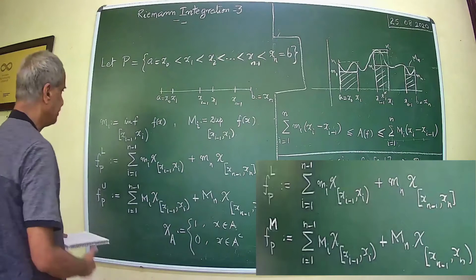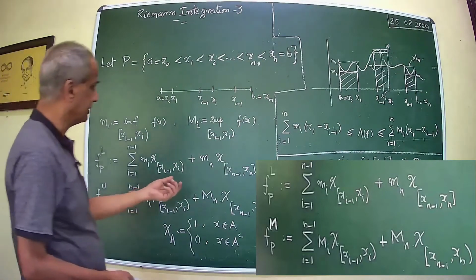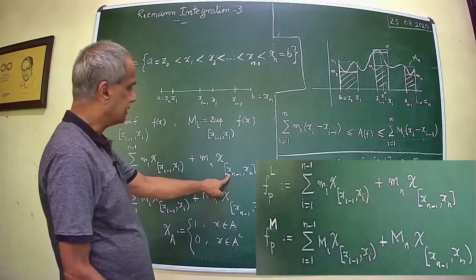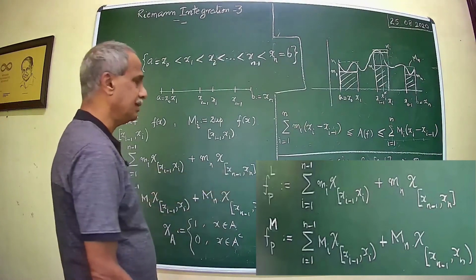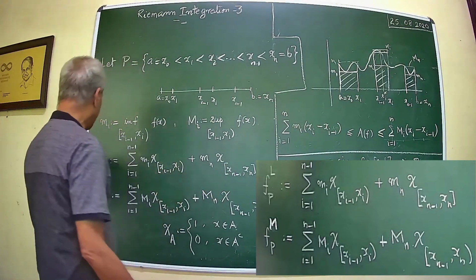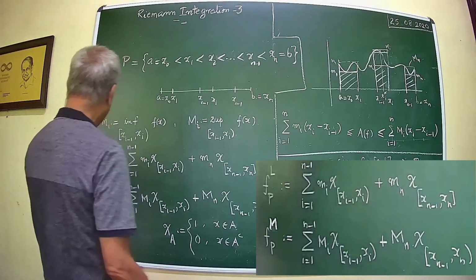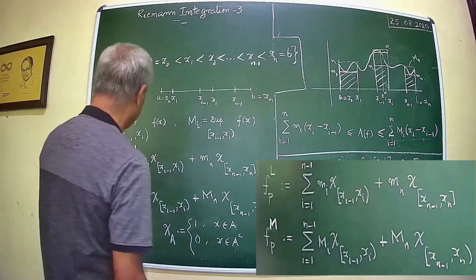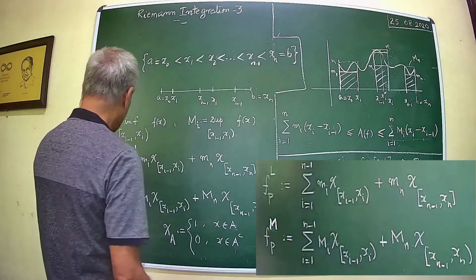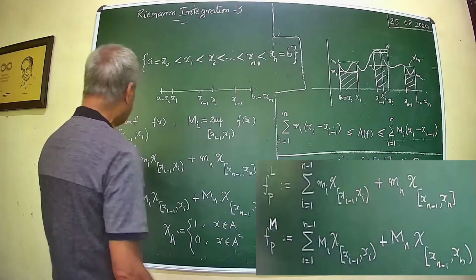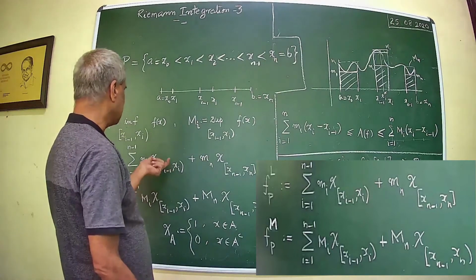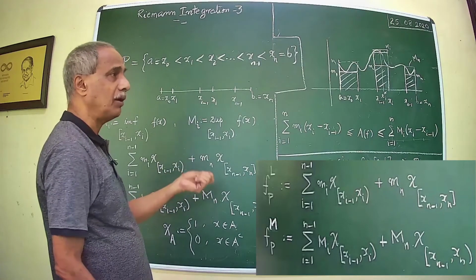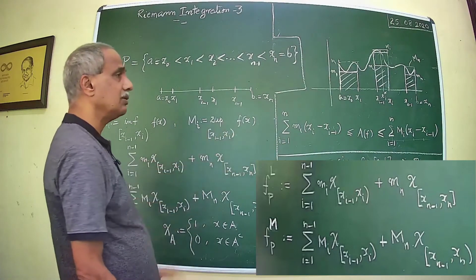What does it mean? Let's examine one of these. When you take chi of the interval xi minus 1 to xi, now you see that, let us evaluate this f at some point. We evaluate this at some point x on the interval xi minus 1 to xi. Then what happens? Only that particular term will survive, because chi of xi minus 1 to xi at that particular point will be equal to 1, otherwise everywhere else it is going to be 0.